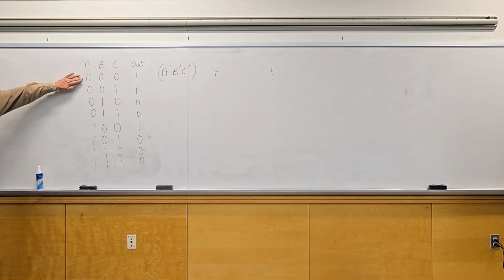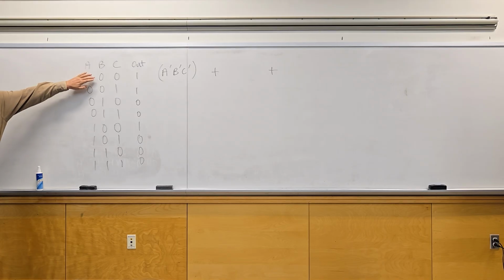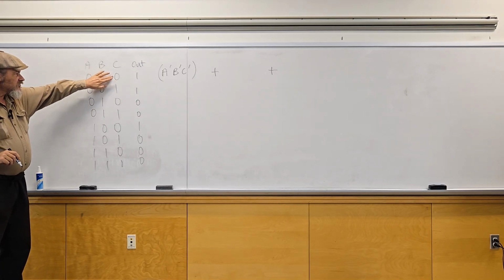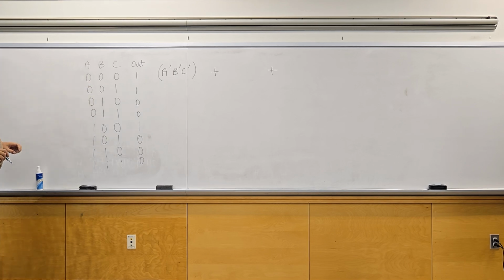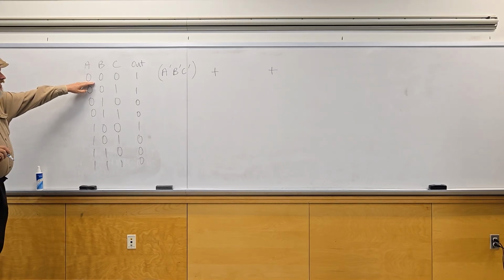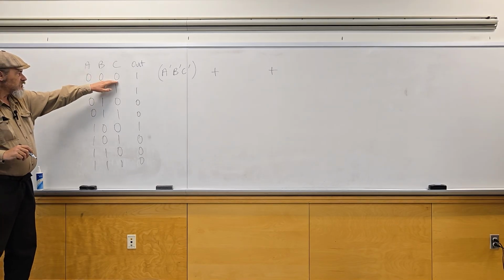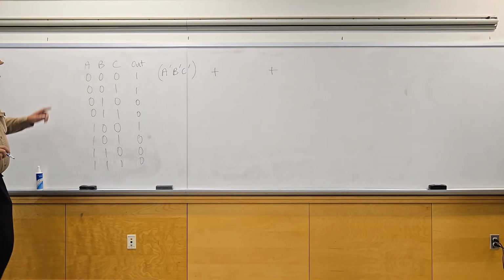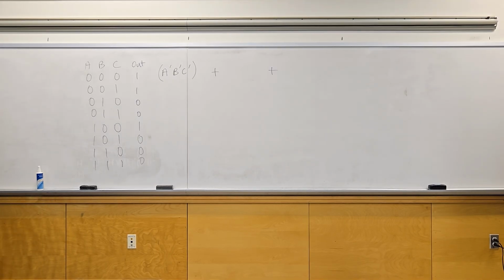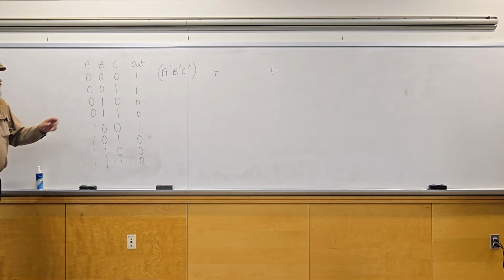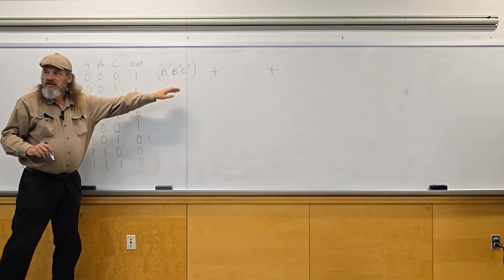A is 0, and B is 0, and C is 0. To make that all true, you invert them, so A prime is 1, B prime is 1, and C prime is 1. That makes that a 1. That parentheses evaluates to a 1 in that combination.